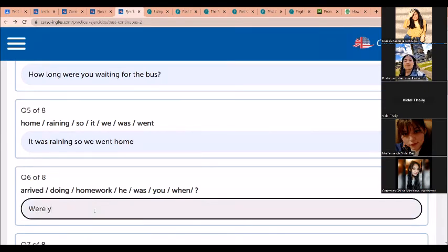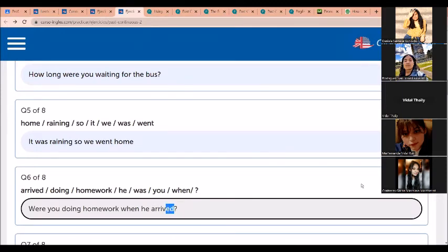Were you doing your homework, make it shorter, when he arrived? All right, one more time. Were you doing homework when he arrived? Repeat. Were you doing homework when he arrived? Arrived. Remember those at the end.